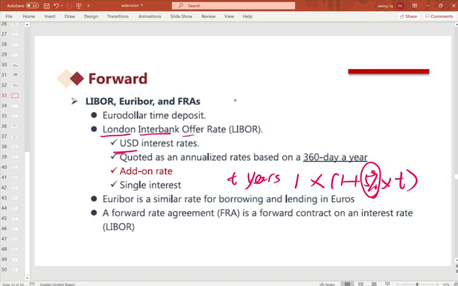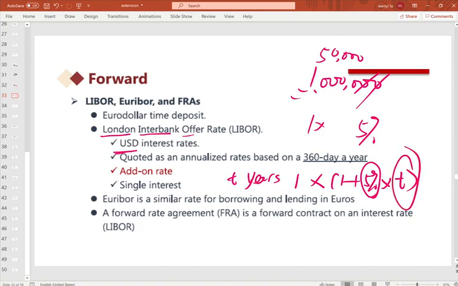So you will get the same interest: 1 million times 5%, so you will pay $50,000 every year, for T years. So for a single interest rate, you will pay exactly the same interest every year. It's not compounding. Your previous interest will not generate more interest in the future.